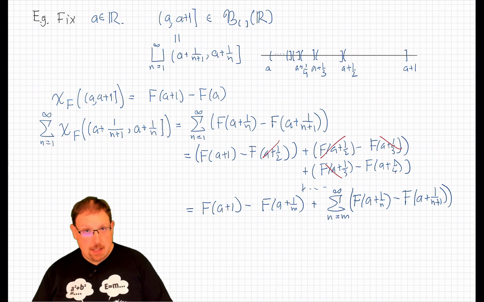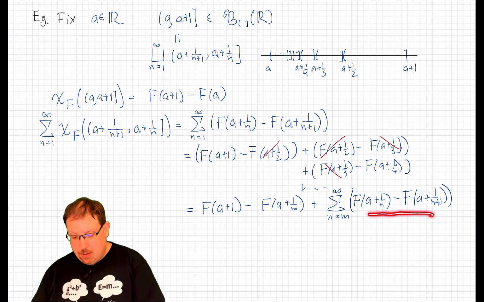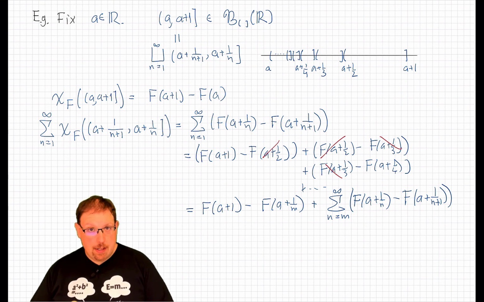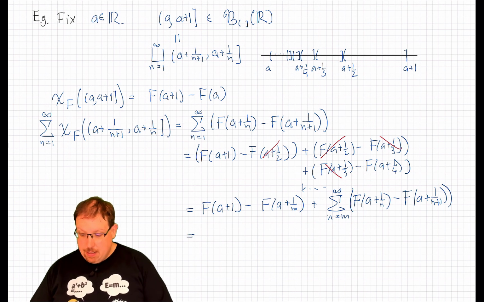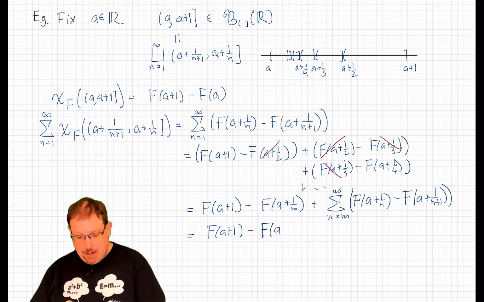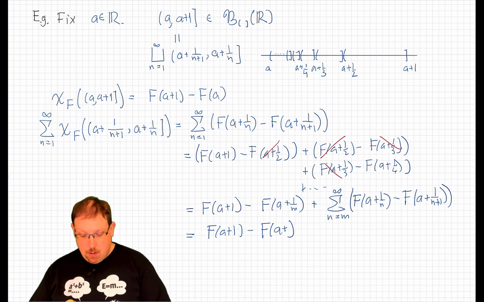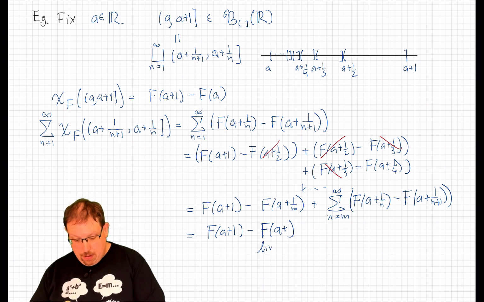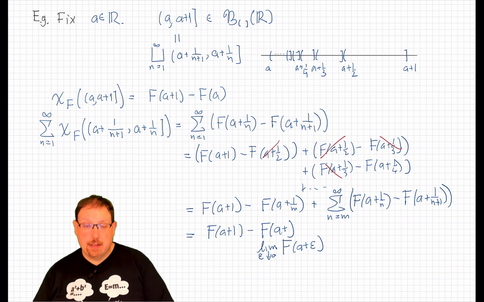Now, of course, the hope is that this will be small for sufficiently large m. But there's an implicit assumption there, an assumption about the continuity of f. In particular, the right continuity of f. Because what really happens here is that this sum, in the end, is equal to f at a plus 1 minus f at a plus, where this is shorthand for the limit as epsilon goes down to 0 of f at a plus epsilon, the limit from the right.